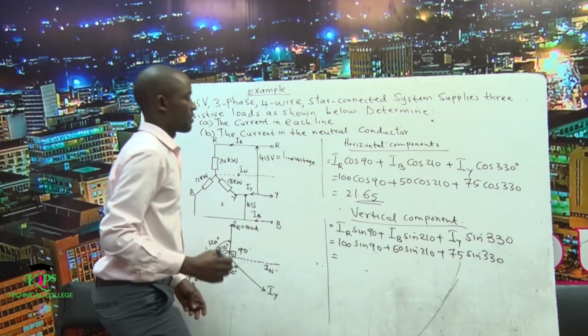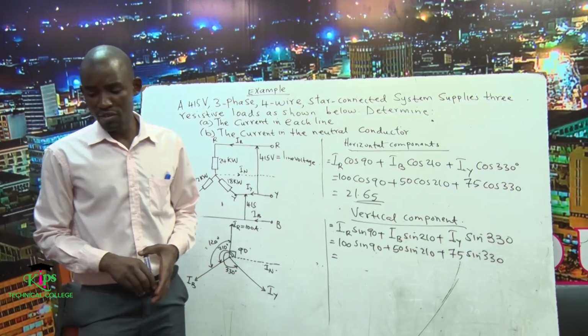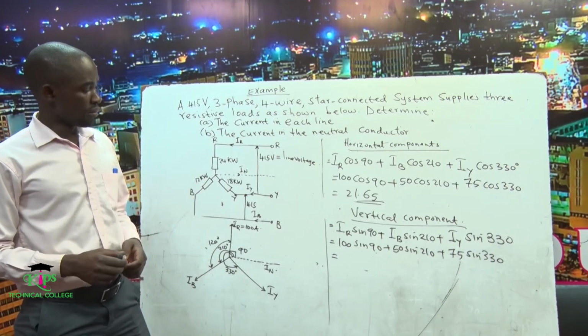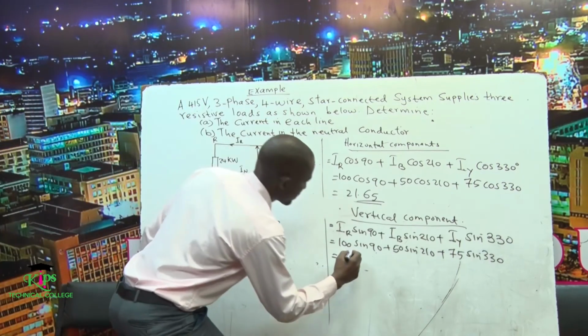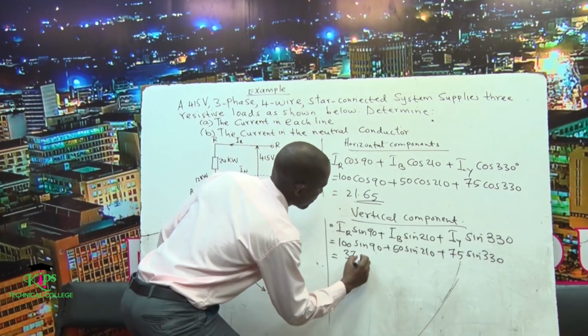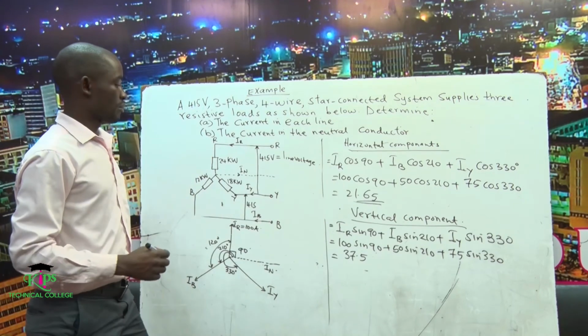So if you simplify that, you will be able to get something like 37.5. That is what you will be able to get, 37.5.